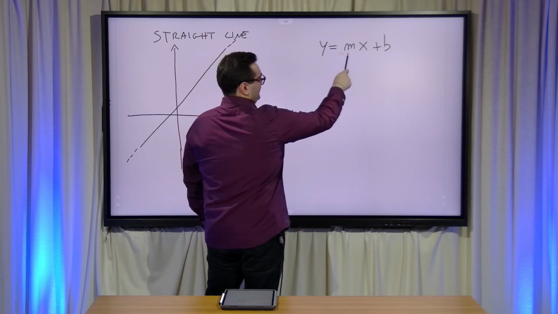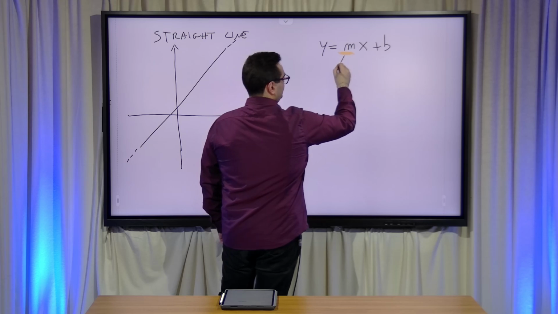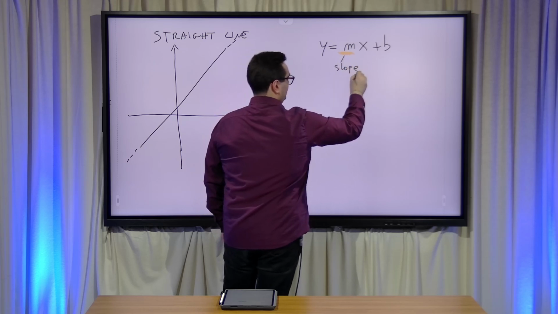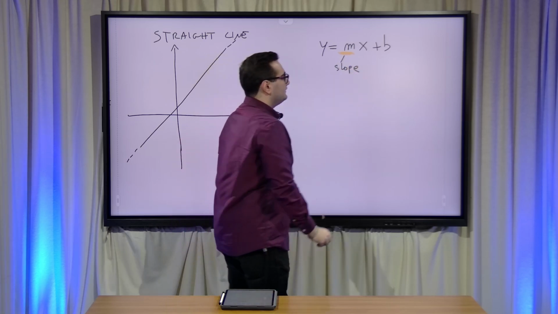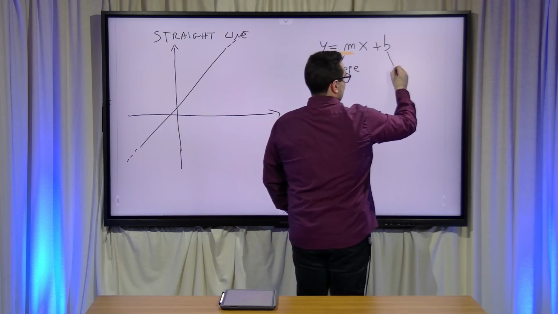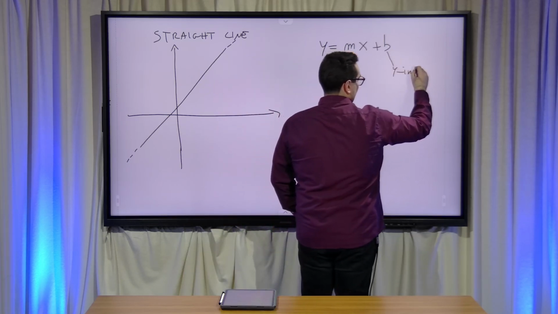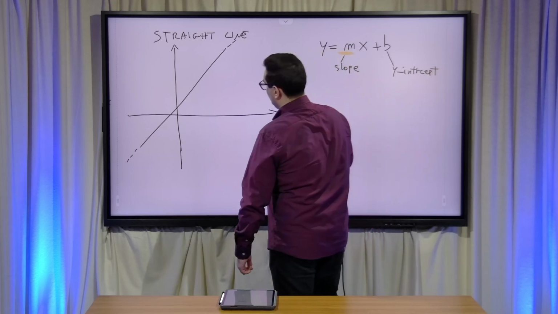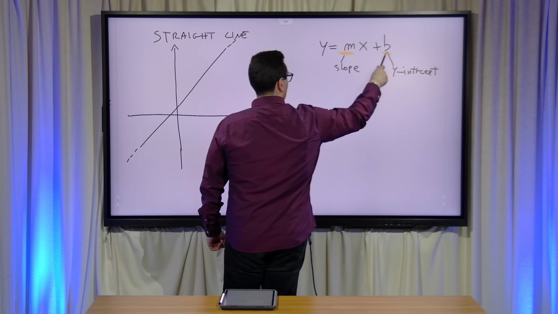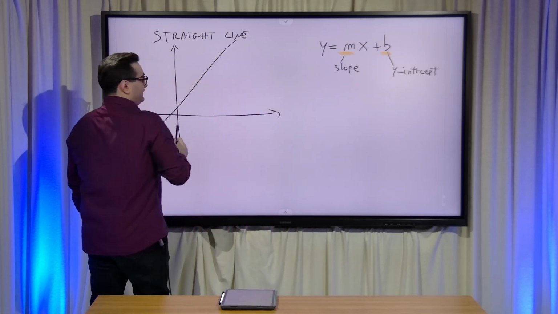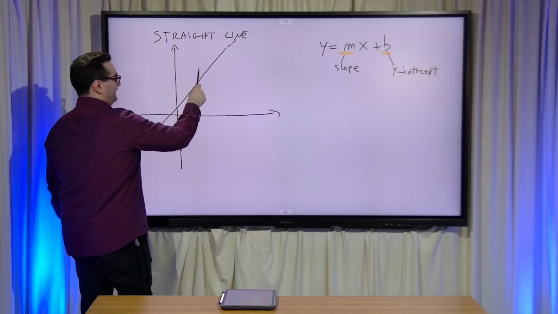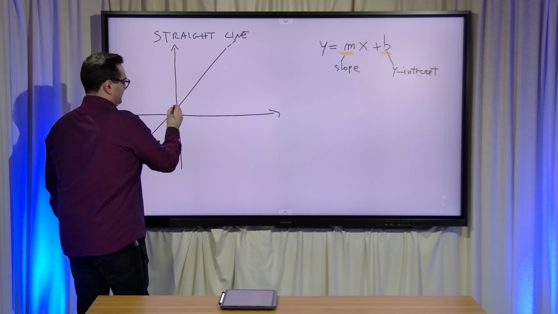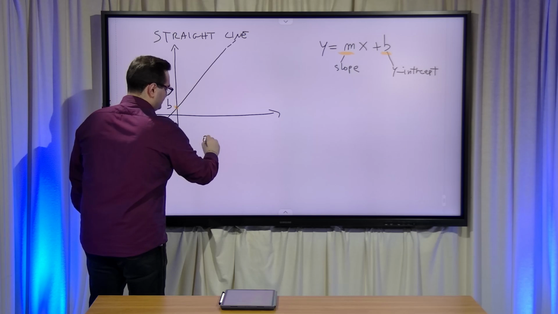Now, m is called the slope of the straight line, and b is the y-intercept. What does it mean? This b here is the point where the line intersects the y-axis, this one. This is the point (0, b).